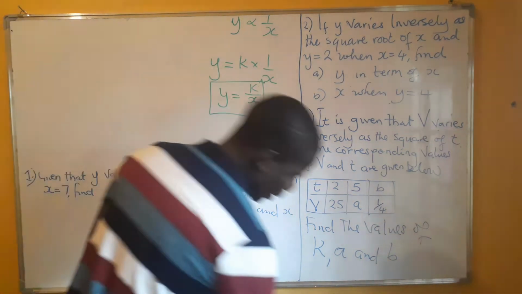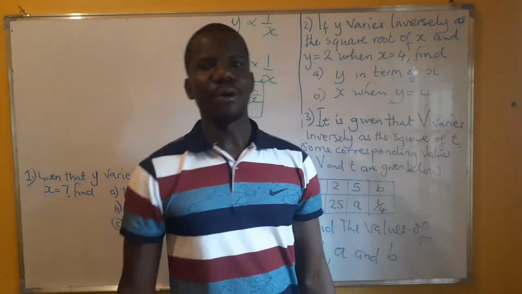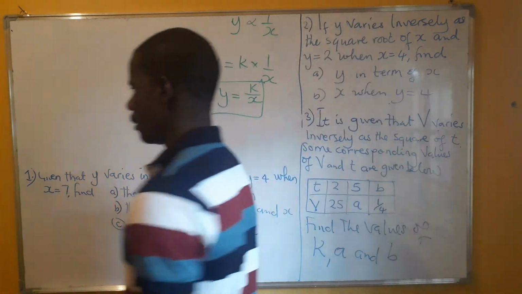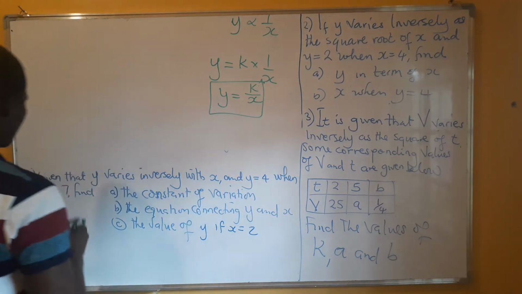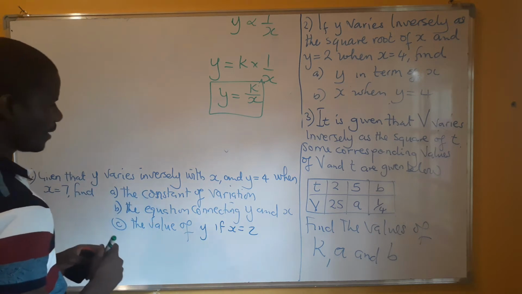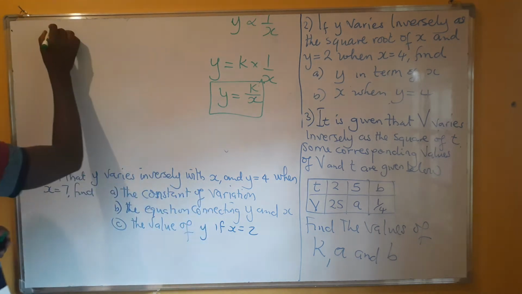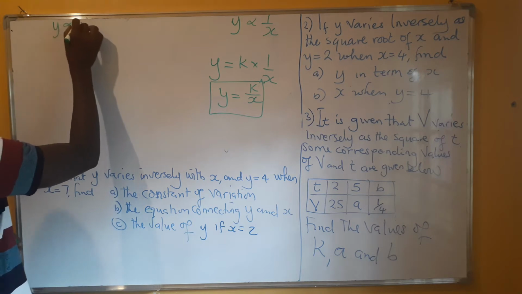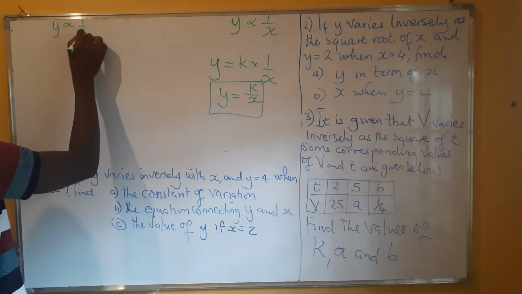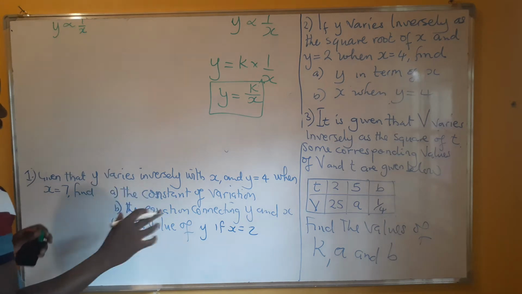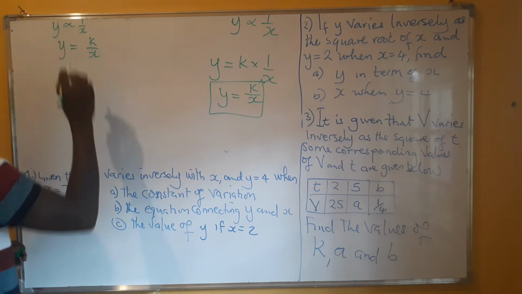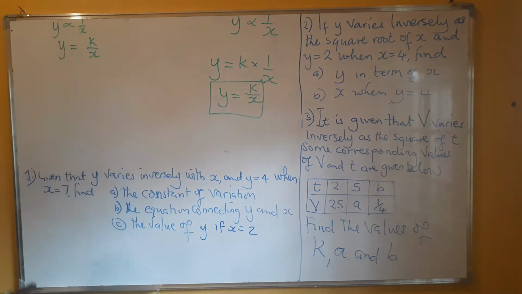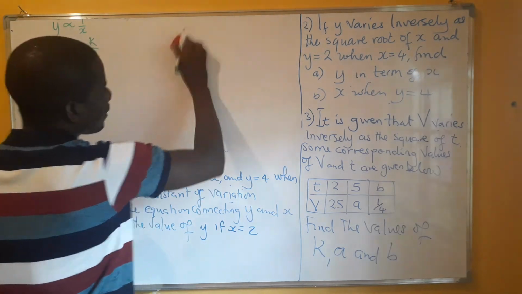So we've got an example here that I want us to look at. Given that y varies inversely with x, meaning 1 over x. Now, because we're dealing with the inverse value, we need to have this equation. Remember, I've demonstrated where this equation is coming from.